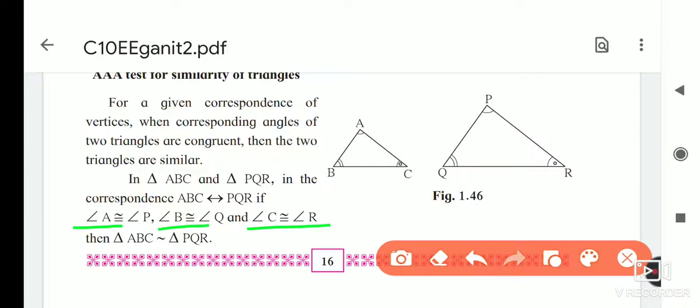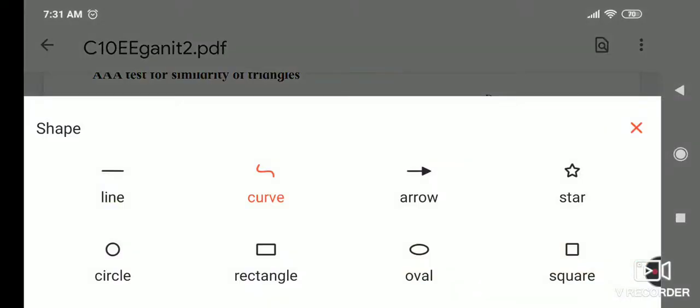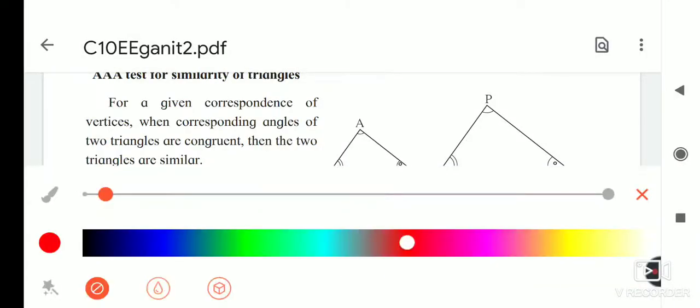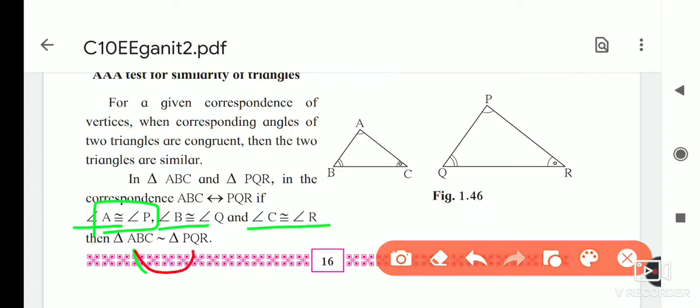If you see here, A is at first position and A is congruent to whom? P. So A and P are at the first places. Afterwards B is congruent to Q, so B and Q are at the second place. And lastly C is congruent to R, so C and R are at the last. This is called a correspondence.